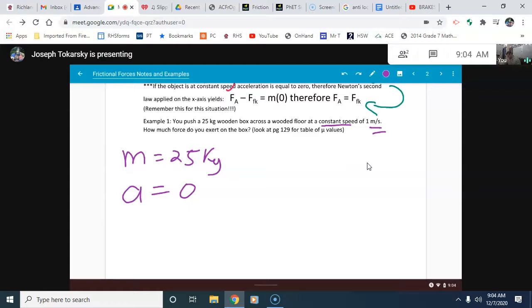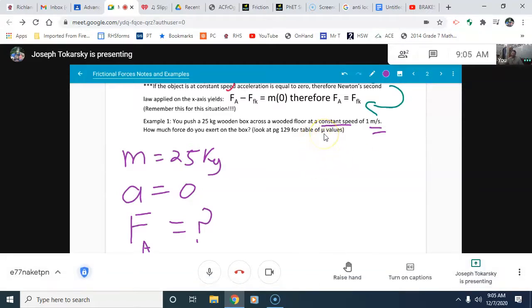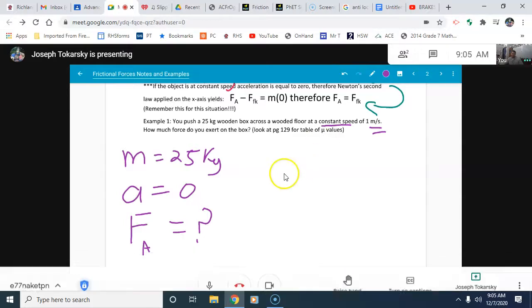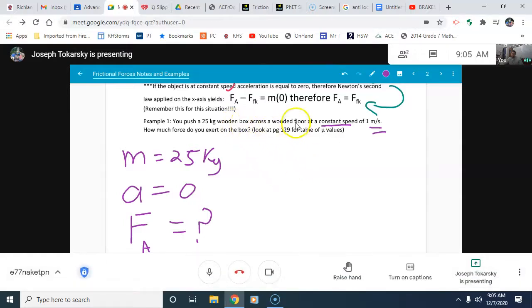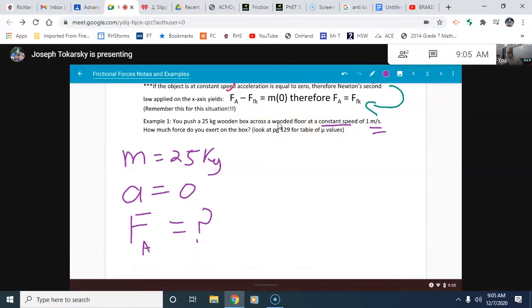All right, so it wants us to figure out how much force we exert on the box. That would be our applied force, how much you exert on this. That's the unknown. And here's what I mentioned earlier. If we're not asked to solve for mu, but we need it and weren't given it, but we were given the specific types of surfaces in contact, that usually means you need to look it up in a table.